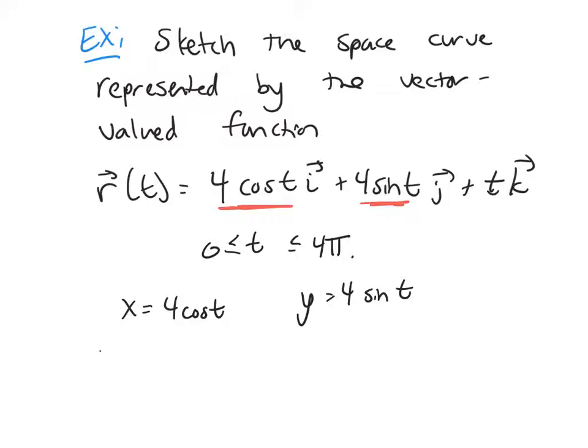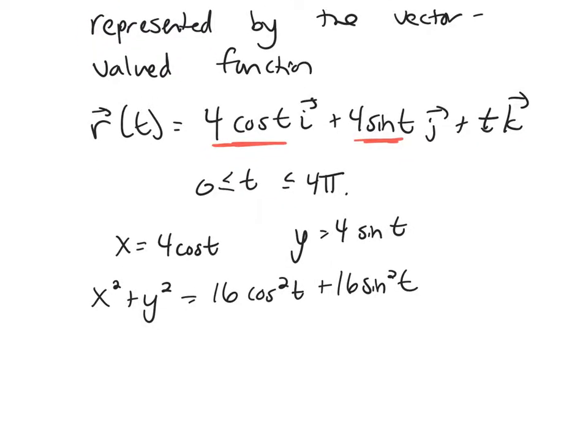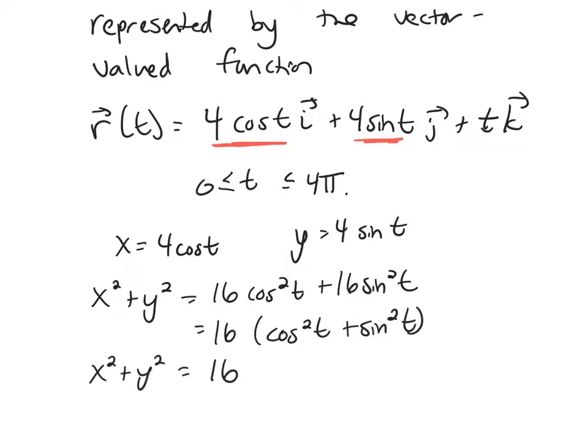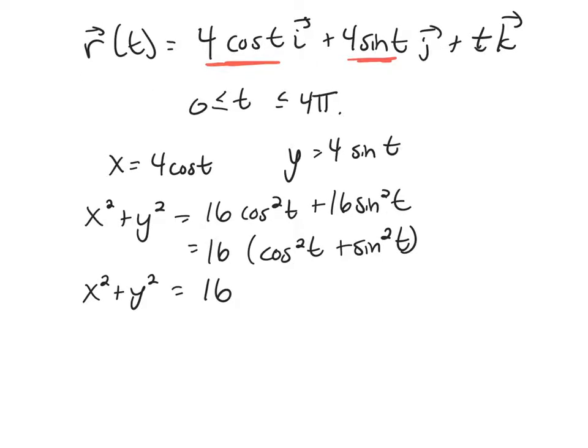And if I take x squared plus y squared, what would this equal? 16 cosine squared plus 16 sine squared. If you factor the 16 out, you'll be left with cosine squared plus sine squared, which we know to be 1. So I'm getting the equation x squared plus y squared equals 16. And this is a rectangular equation.